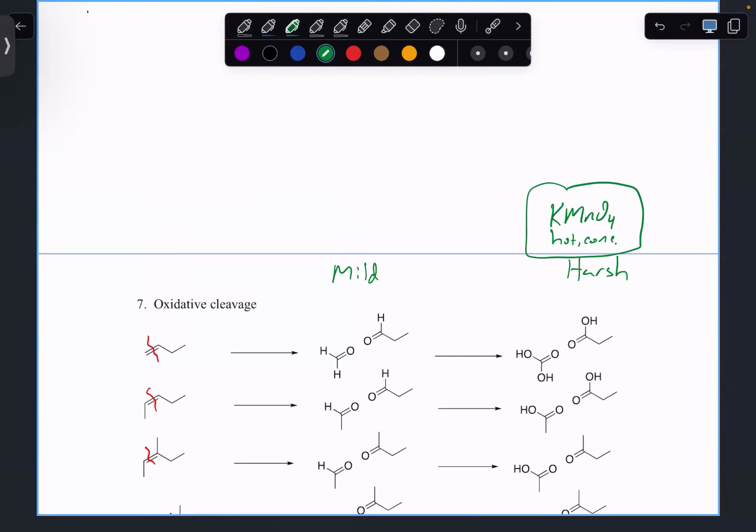So that's why I said a minute ago, you need to specify conditions when you're using permanganate. The more mild form of this, we're going to use ozone. So it's what's known as ozonolysis.